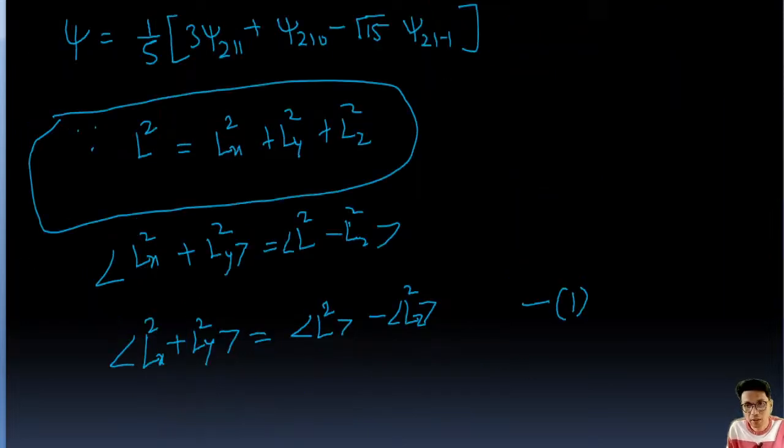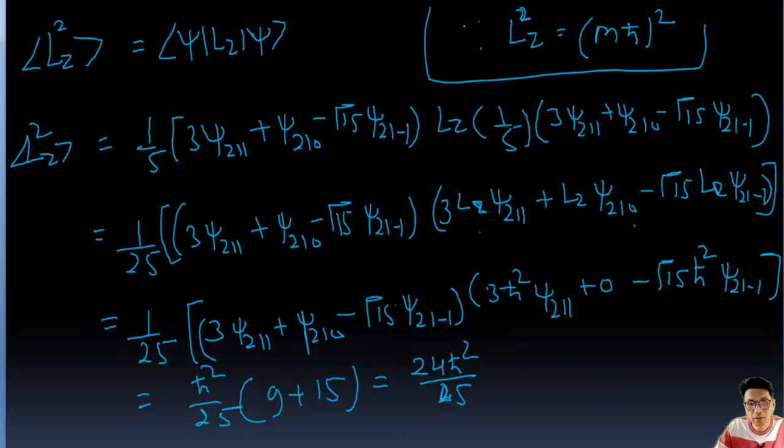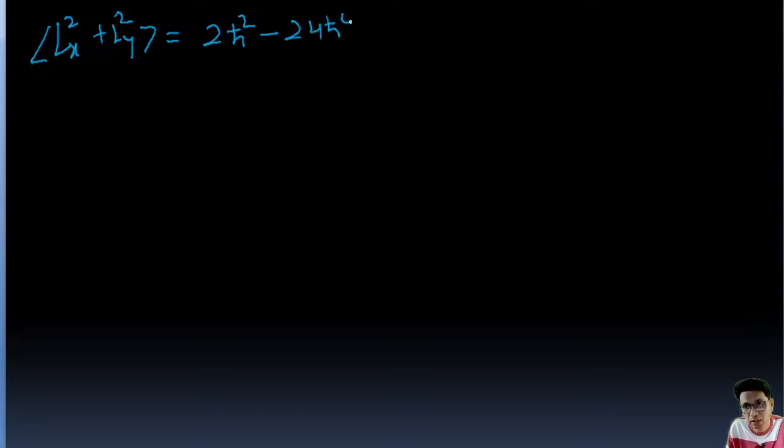So this is going to be Lx square plus Ly square, the expectation value of this, that is expectation value of L square, which we have got, that is 2 h cut square, and expectation value of Lz square we have got, 24 h cut square upon 25.